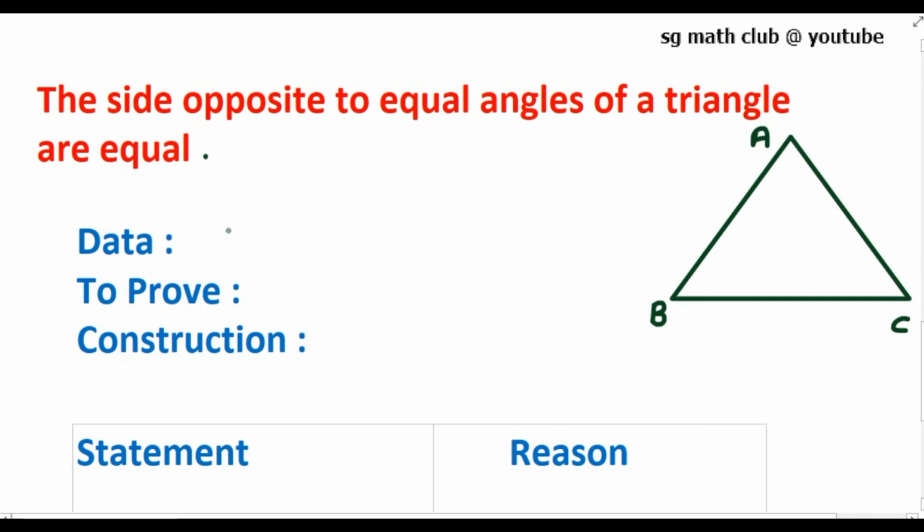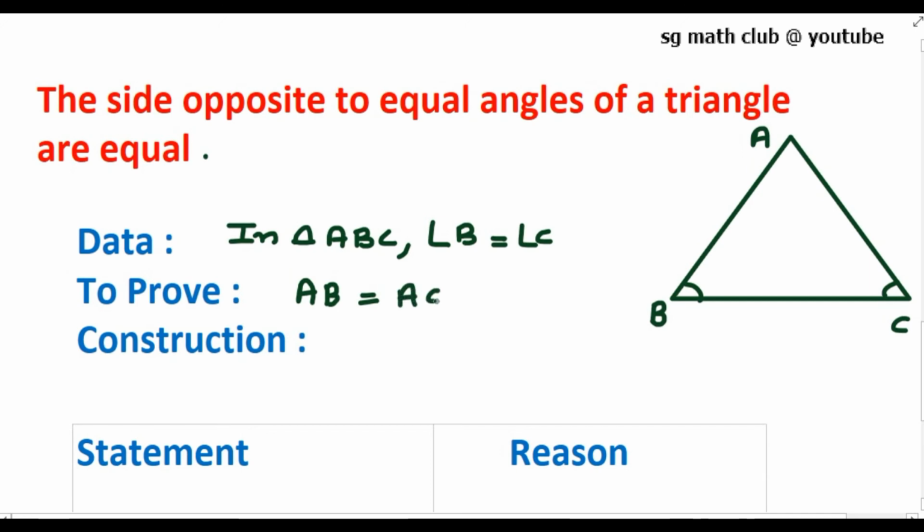So data is, in triangle ABC, we have angle B equal to angle C. Because angles are equal, now we need to prove side AB is equal to side AC. For this, again we are doing the same construction.